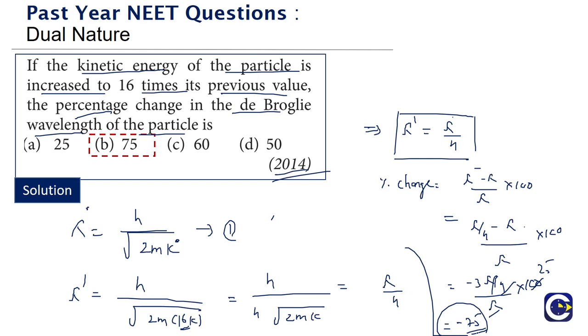One thing we need to keep in mind is that when you calculate the percentage change using the formula, final value minus initial value by initial value into 100, the sign is also important. The sign will tell us whether the percentage change is increasing or decreasing. Negative means it is decreasing by that much percentage.